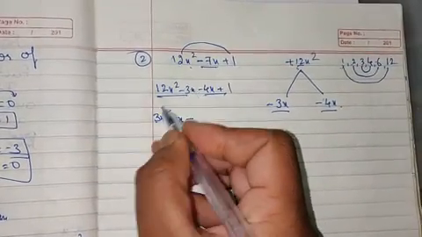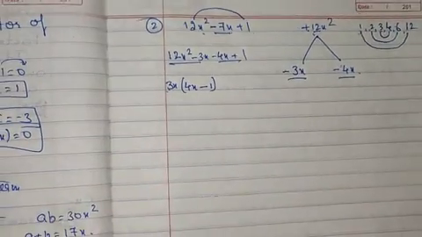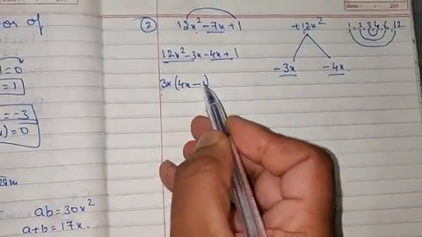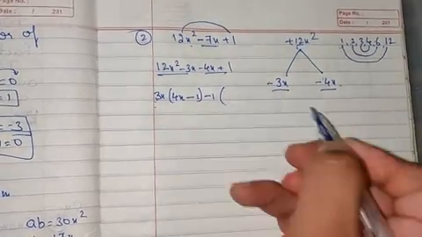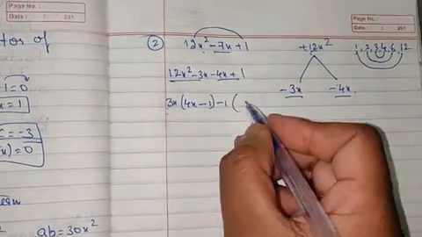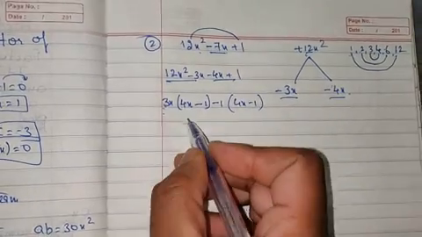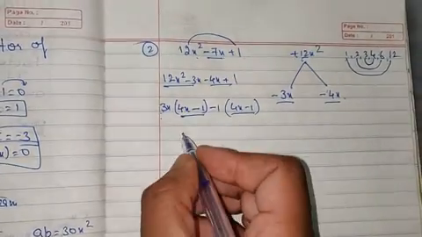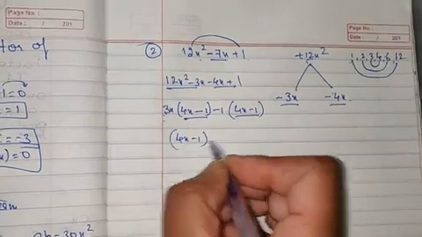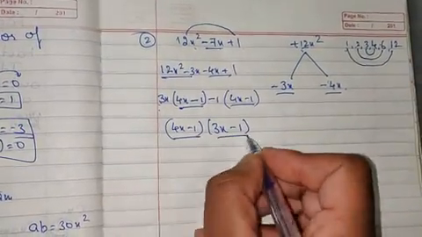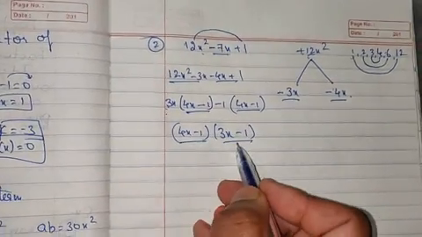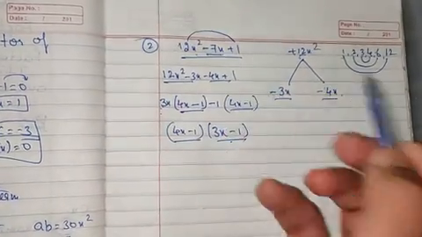Minus 3x is already taken out, so what remains is 1. So 3x into minus 1 is minus 3x. What is common here? Nothing, so let us take minus 1. What remains? 4x minus 1. Again 4x minus 1 is common. If we take out 4x minus 1, what remains is 3x minus 1. So we can tell that these are the two factors of the given polynomial.